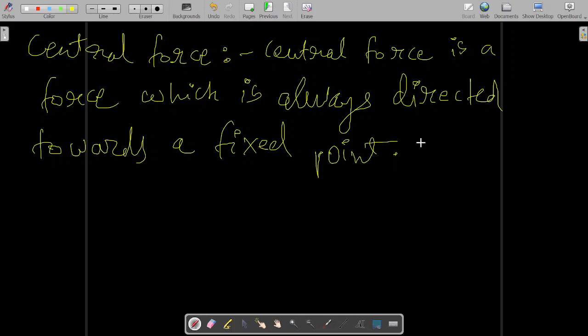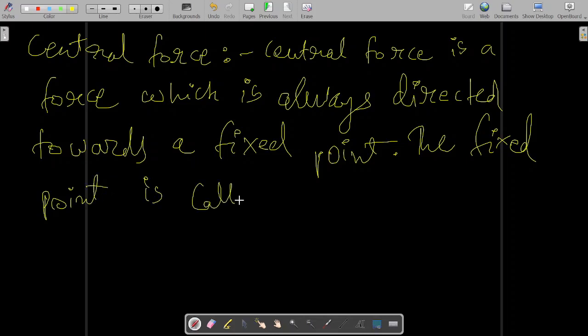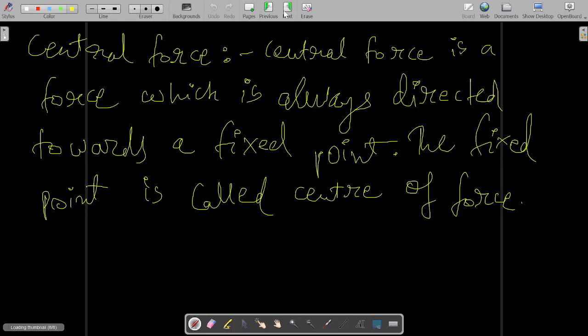The fixed point is called the center of force. So we will look at it over here.